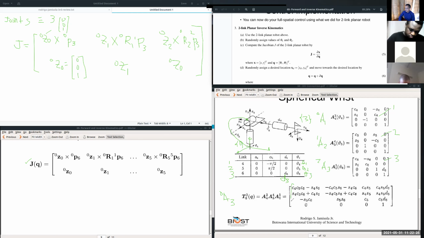So we know that for 0A3, this is your 0R3. And what is your 0P3? This is the one, 0P3. There you go. So 0P3, you substitute here. So this is C1, S2, D3.